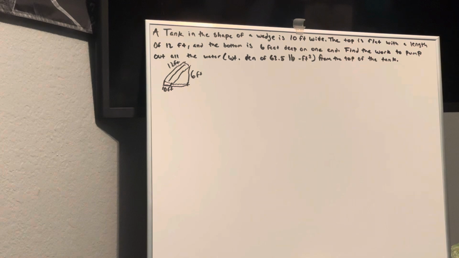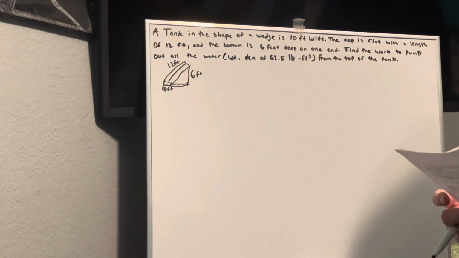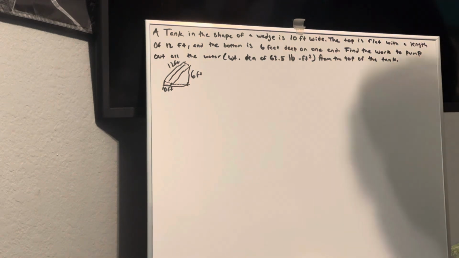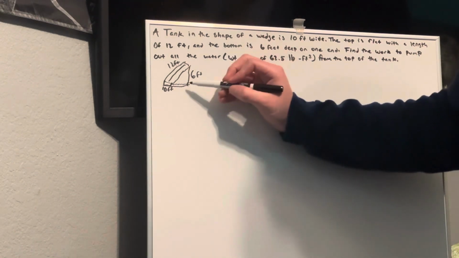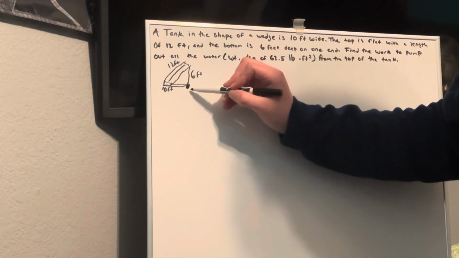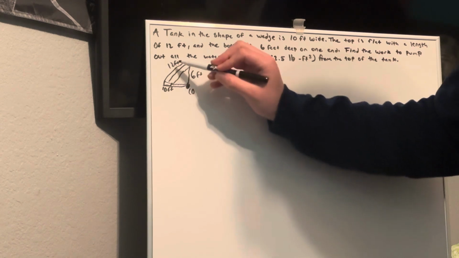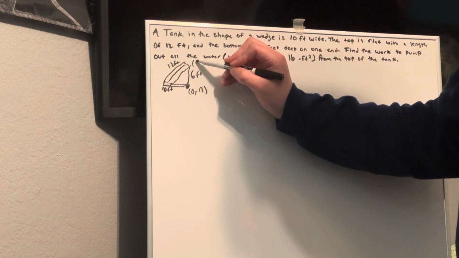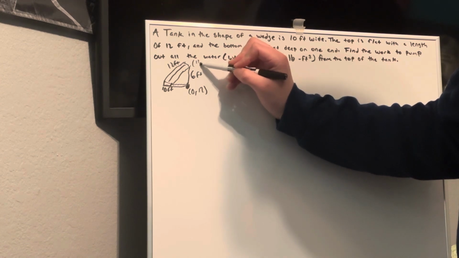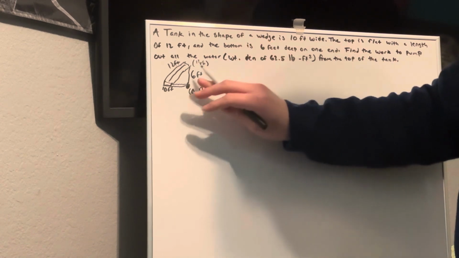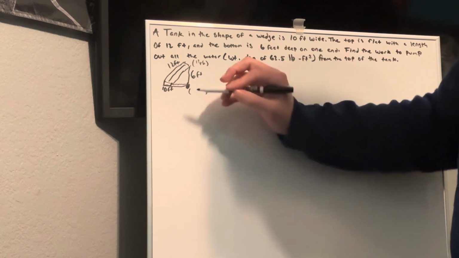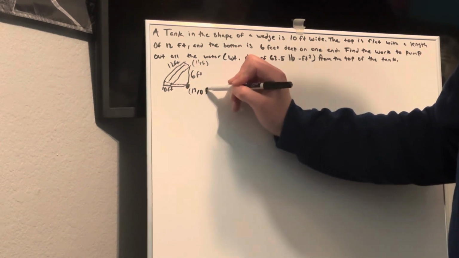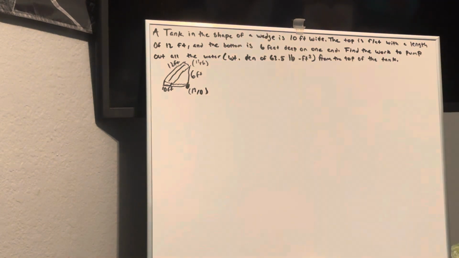All right, so now that we have that, we are going to set our bounds. So our bounds are going to be, this right here is going to be 0, 12, I'm sorry, this is 12, 0, and 12, 6.